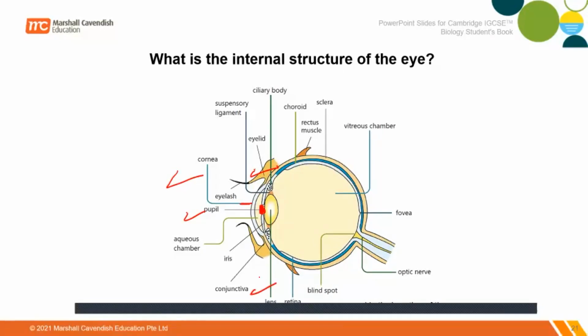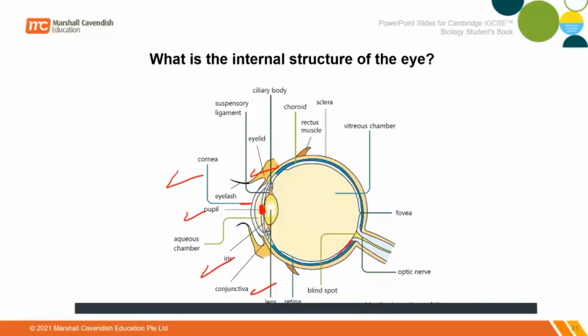This one is a lens. This part is the colored part, which in the majority of us is brown unless anyone has colored eyes, like green or baby blue or gray. Anyway, the iris is the part that has the colors of the eyes clear.